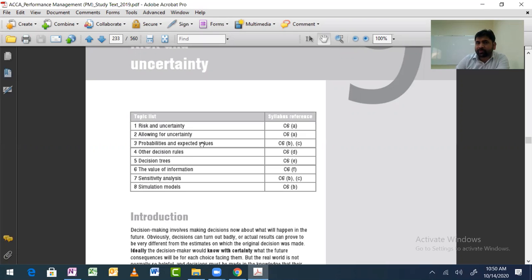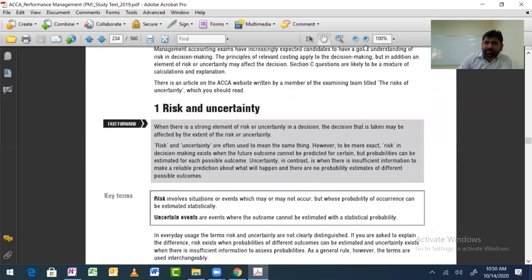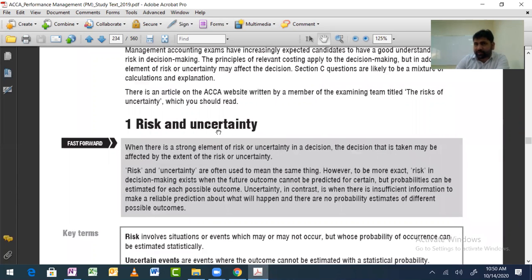So basically all of this is about probability. Then you have two new things, sensitivity analysis and simulation. Sensitivity and simulation have got nothing to do with the remaining stuff. The only thing is that they are associated with risk. That's why they are in this chapter. Okay. Now let's go one by one into this and try to understand what we are dealing with here.